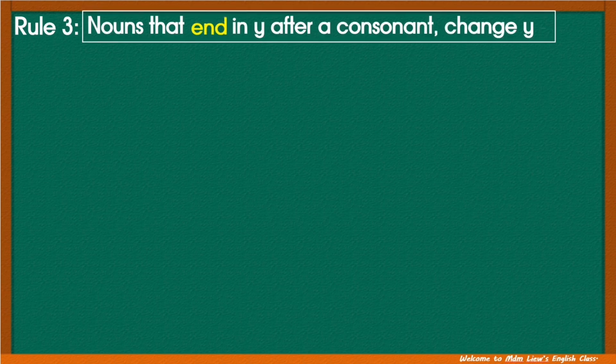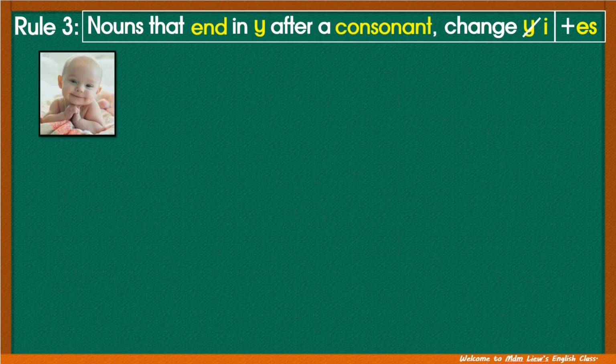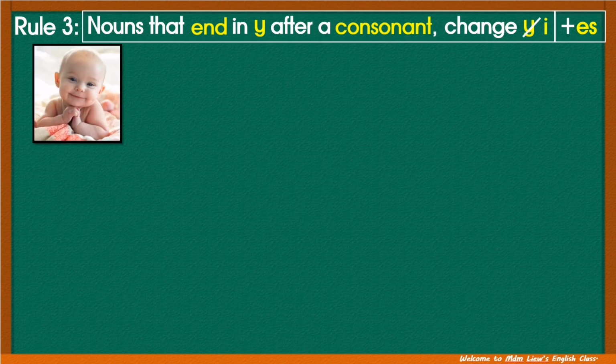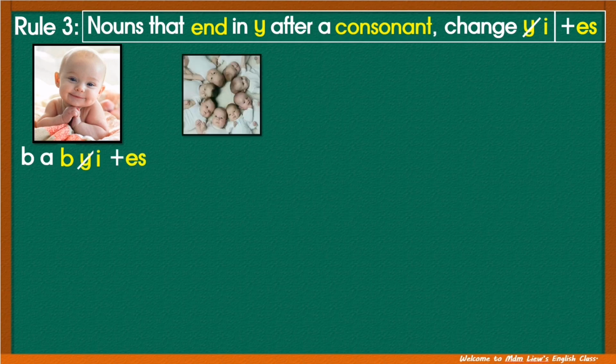Third rule. Nouns that end in Y after a consonant, change Y to I, then add ES to make the nouns plural. Example. What is this? Yes, baby. The noun baby ends in Y after a consonant B. You need to change Y to I and then add ES to make it plural.